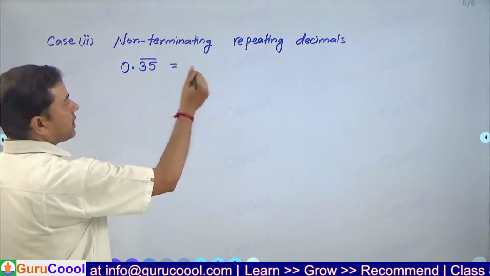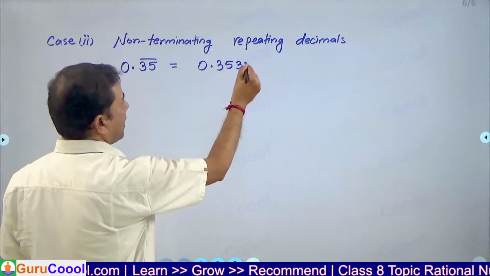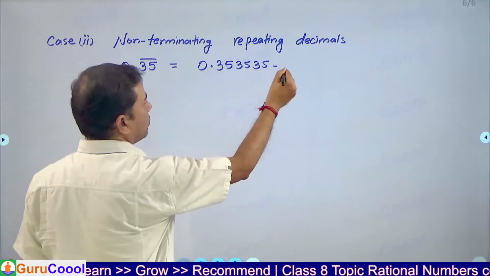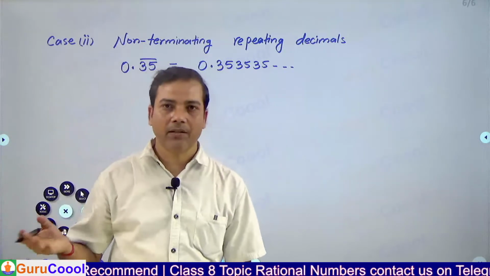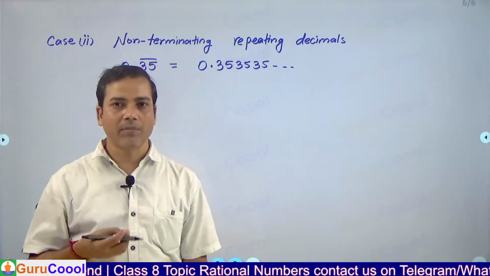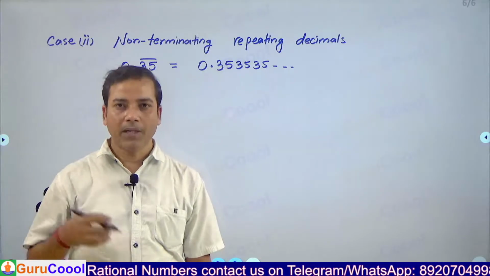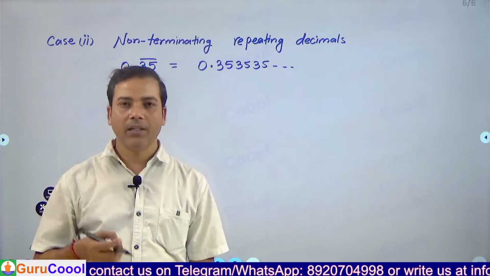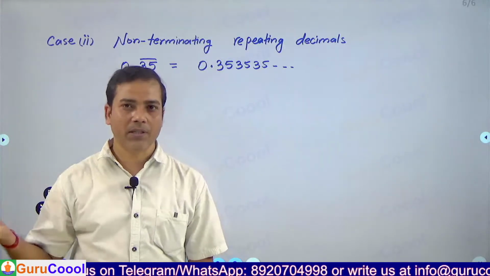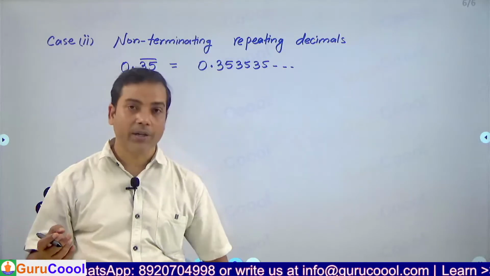This means 0.35355 and so on. Sorry to say, there is some disturbance on my side. You might be experiencing some noise pollution from my side. In my neighborhood, some persons are celebrating some family functions. So if you can tolerate, we can continue.